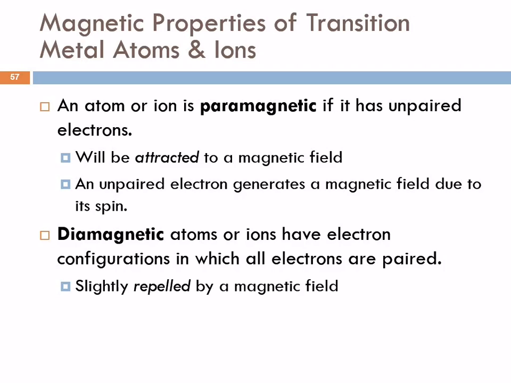The arrangement of electrons determines whether something is magnetic or not. An atom or ion is paramagnetic if it has unpaired electrons. Paramagnetic ions or atoms will be attracted to a magnetic field. Some metals are magnetic, others are not. Just because it's metal doesn't mean it's magnetic.